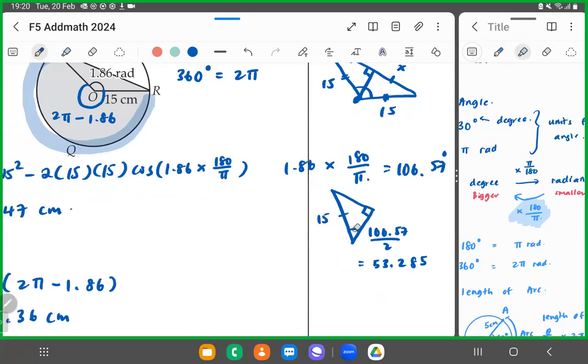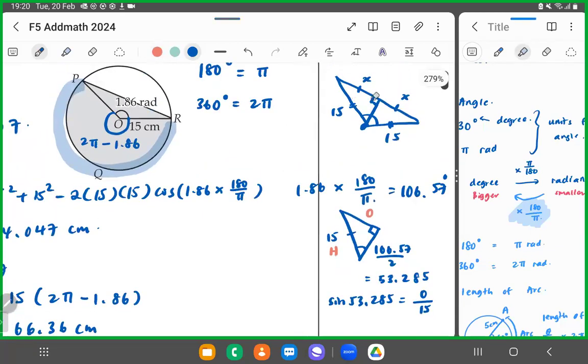So you have the angle here, then this one will be the opposite, and this is the hypotenuse, right? Then you use sine. Sine 53.285 equals opposite over 15. Find the opposite, and then you times 2 so that you get the whole chord. So there are a few methods to find the length, depending on you.